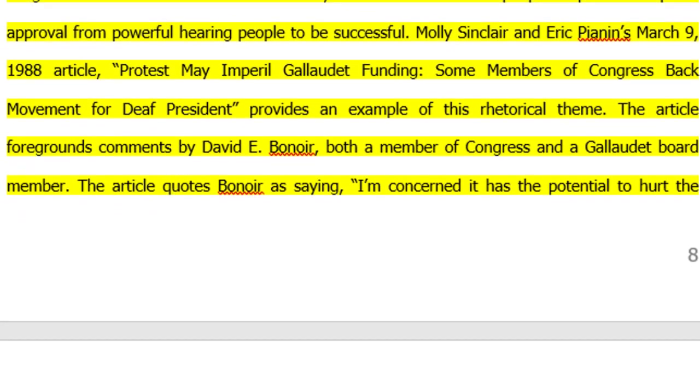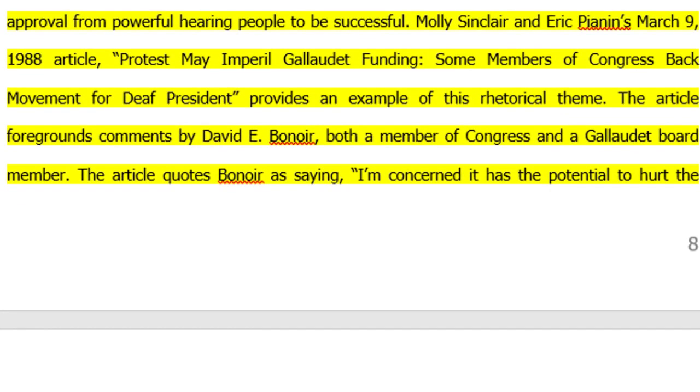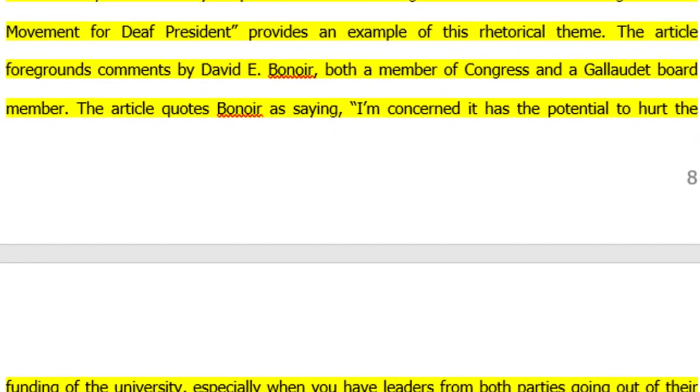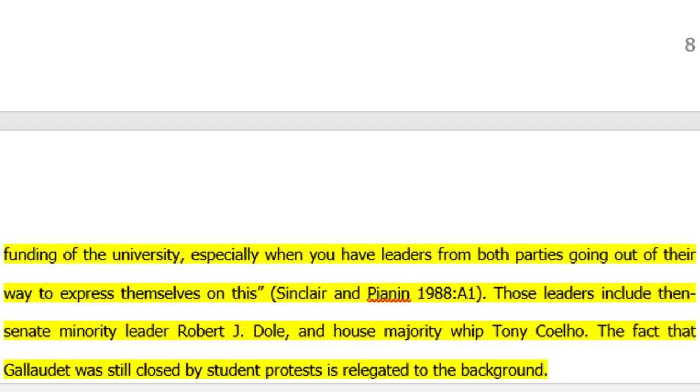Then comes the proof. I quote one of the articles which focuses on how a couple of politicians support the movement, and I provide a good amount of detail for that. And then I wrap up the paragraph with significance, which goes, the fact that Gallaudet was still closed by student protests is relegated to the background, which explains how all of this data here supports my argument that the relationship between the protest movement and the media was about negotiation.